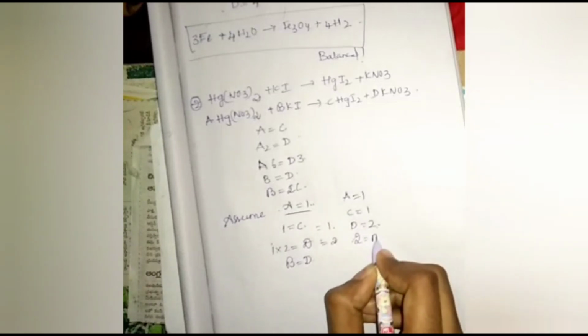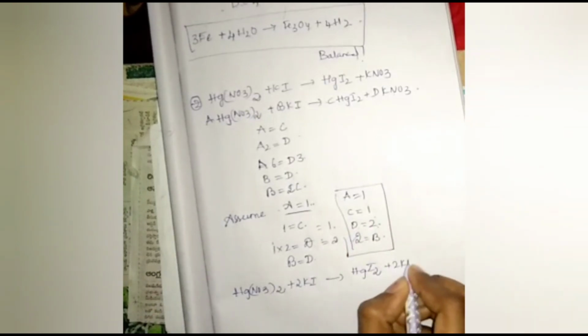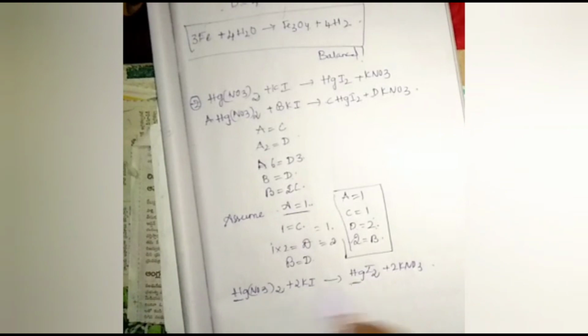B equal to D means B equal to 2. So A equal to 1, C equal to 1, D equal to 2, B equal to 2. Now we substitute the ABCD values in the coefficient places: Hg(NO3)2 plus 2KI gives HgI2 plus 2KNO3. Now the reaction is perfectly balanced.